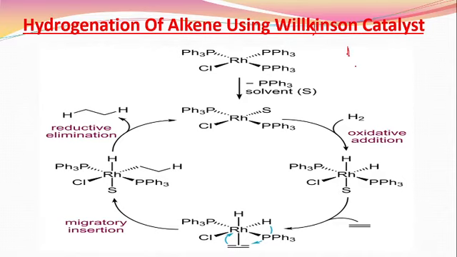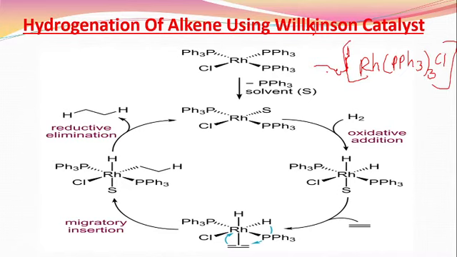The formula is RhCl(PPh3)3. This catalyst is mostly useful for the hydrogenation of alkene. These are very important for your MCQs.